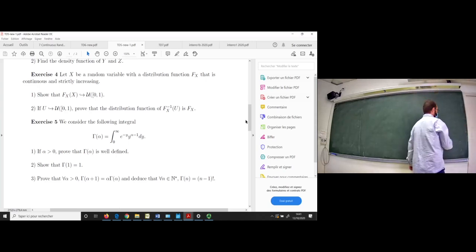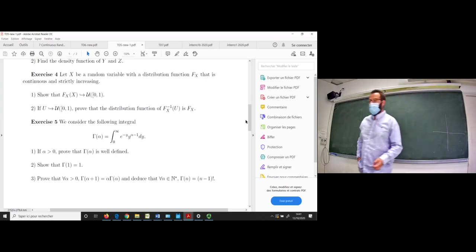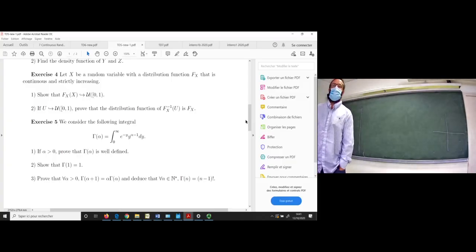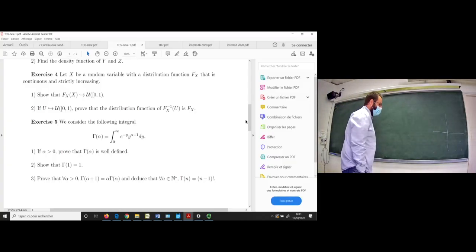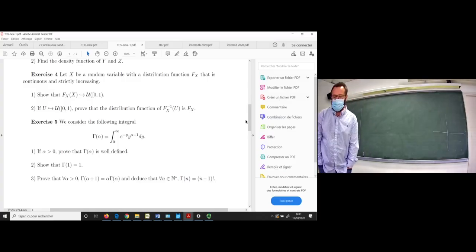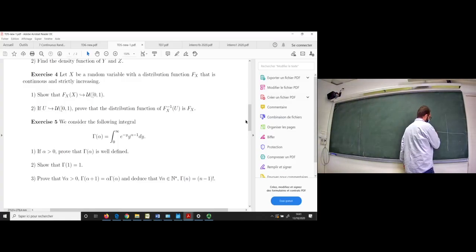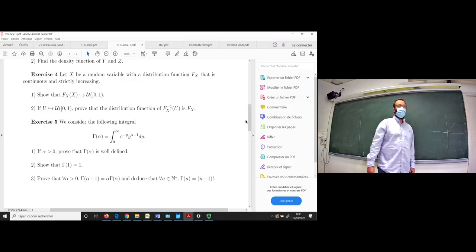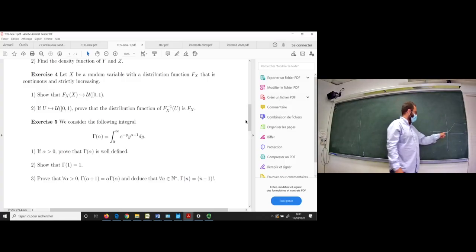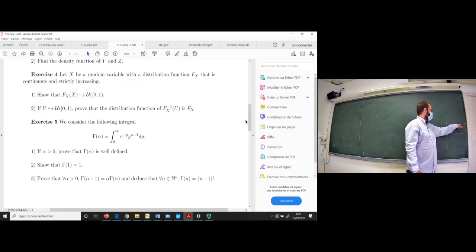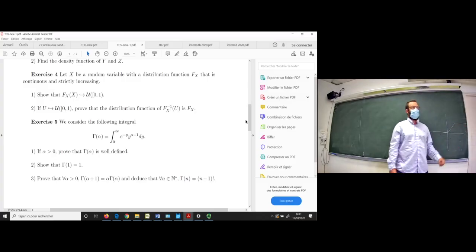If I plot the uniform on the interval 0, 1, I obtain something like this. I am not strictly increasing. I am strictly increasing only in the interval 0, 1.